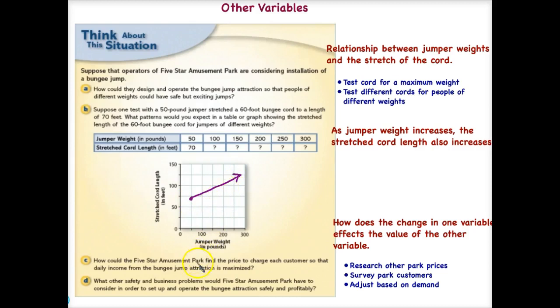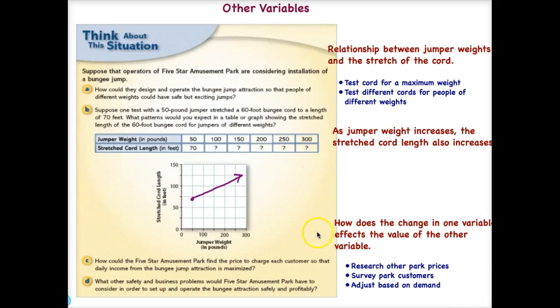Okay, how about C? How could the amusement park find a price to charge each customer? What did you come up with? We want to maximize our income. Well, we want to make sure to consider how the change in one variable affects the value of the other variable. Some of the things you might have thought about were to research other park prices. What are they charging?